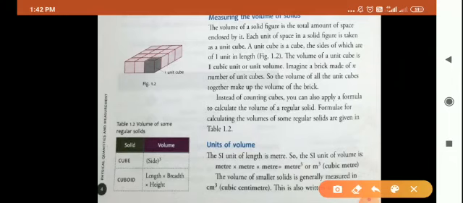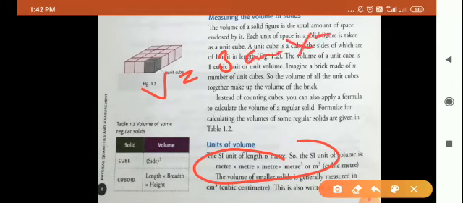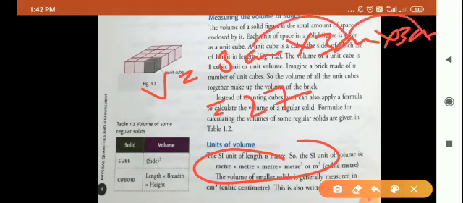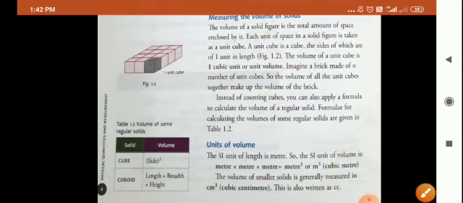So meter into meter into meter is cubic meter. Like we were taking the volume of the cube, 3 centimeter into 3 centimeter into 3 centimeter, that was your 27, and you were multiplying these centimeters also. So centimeter into centimeter into centimeter will give cubic centimeter, or cubic meter if you take meters. Okay. So what is the SI unit of volume? Cubic meter.